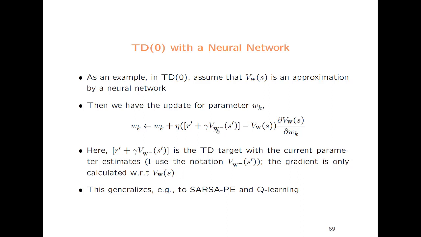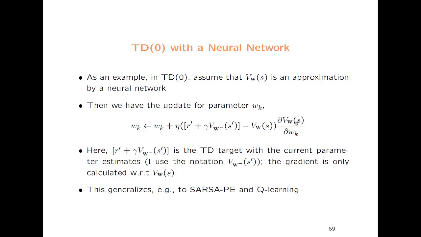And I'm using this W minus notation to indicate that this is not the term we calculate the gradient with respect to, but we do it with respect to this second term, and get here the partial derivative of the value function at S with respect to this parameter.